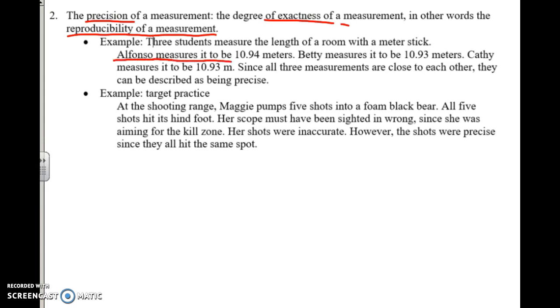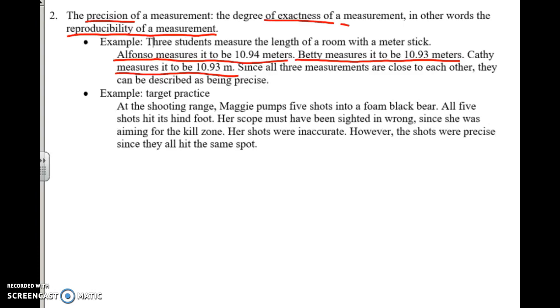Alfonso finds it's 10.94 meters. Betty finds it to be 10.93 meters. And Kathy's is 10.93 meters. All three measurements are very close to each other, so we can say we have a good degree of precision because the data is very reproducible.